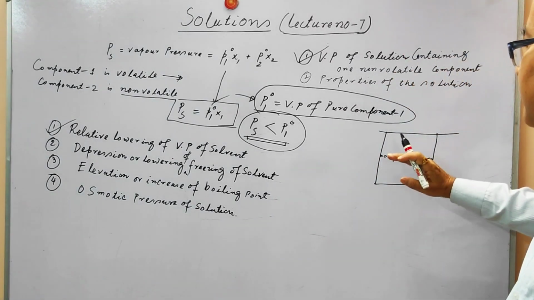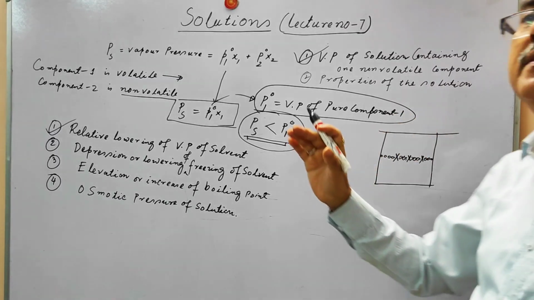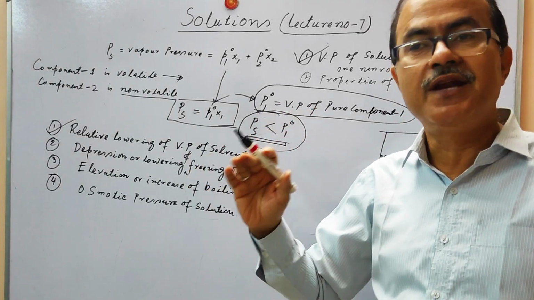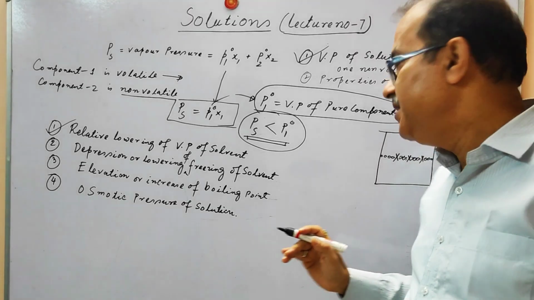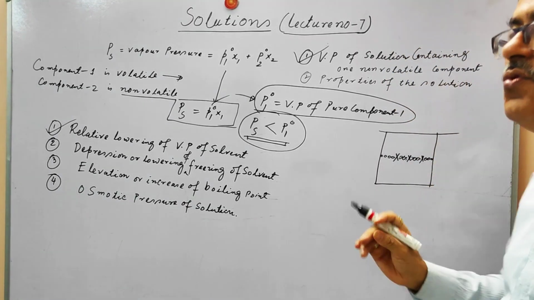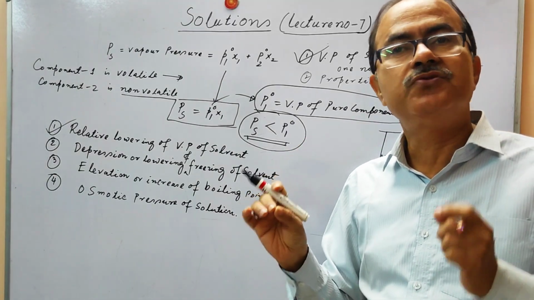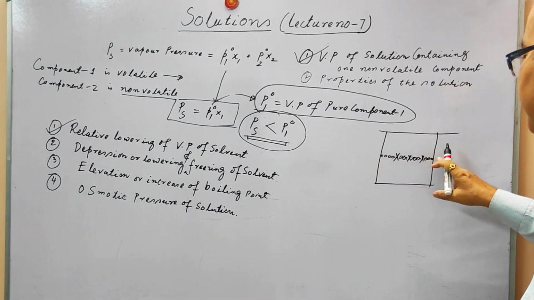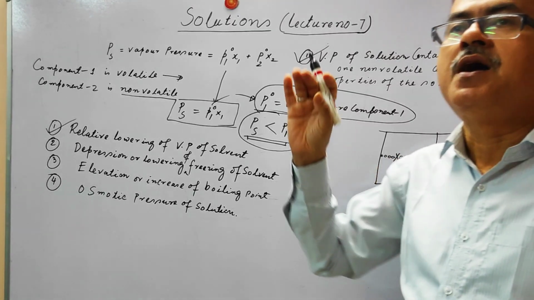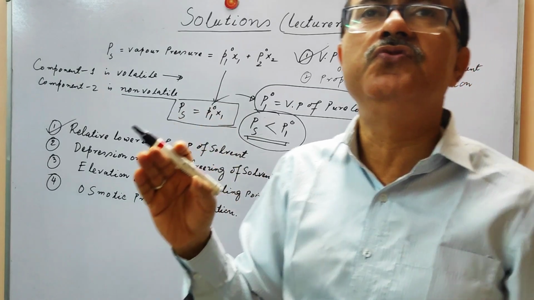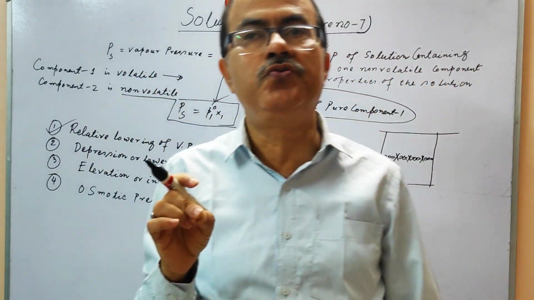Naturally, the area from where the vapor pressure is created by the volatile substance will be reduced, and when it is reduced, it reduces the vapor pressure above the solution, because the number of molecules in the upper surface of the solution is now reduced and replaced by solute molecules.